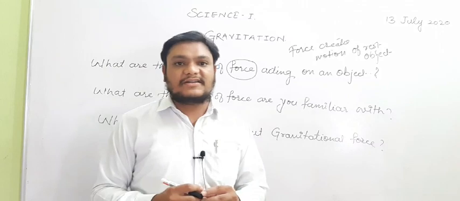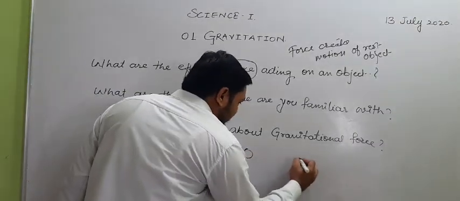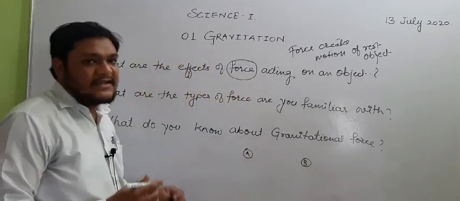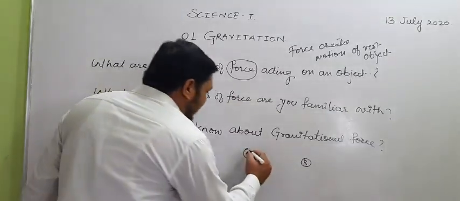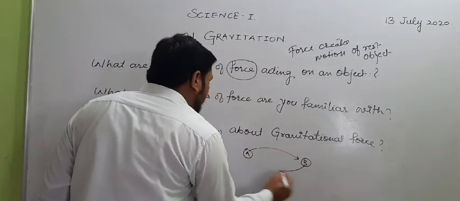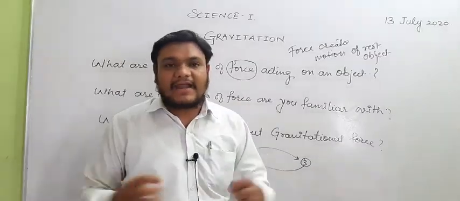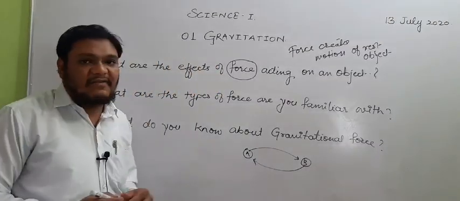Consider two bodies in our universe, body A and body B. Suppose these two bodies are placed anywhere in the universe, then body A will apply a force on body B and body B will apply a force on body A. Means both bodies attract each other. This force is called gravitational force.